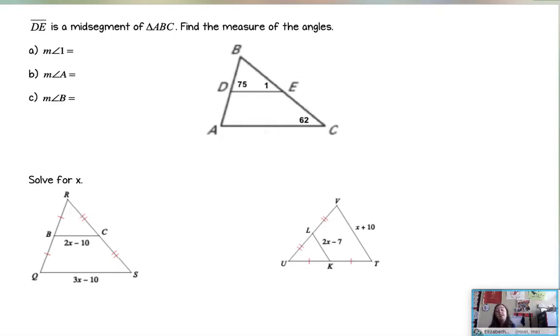So, when we're looking for the measures of these angles, we want to remember that these lines are parallel to each other. We know that DE is parallel to AC.